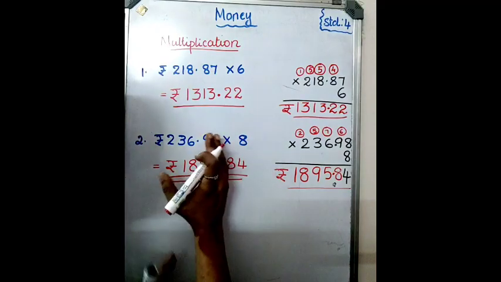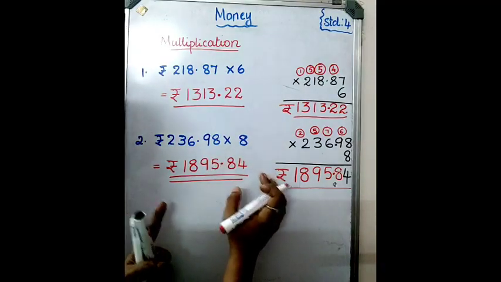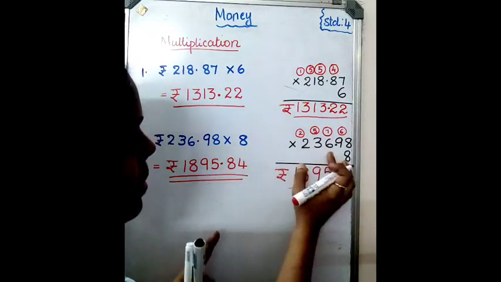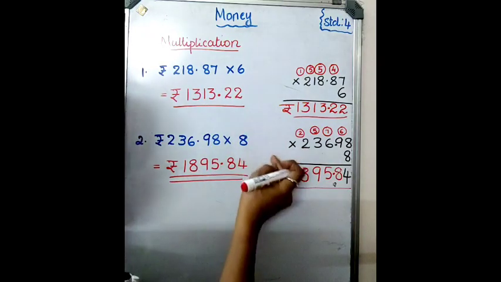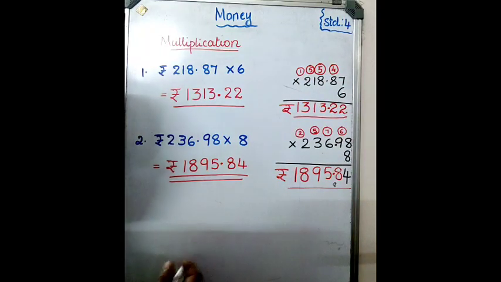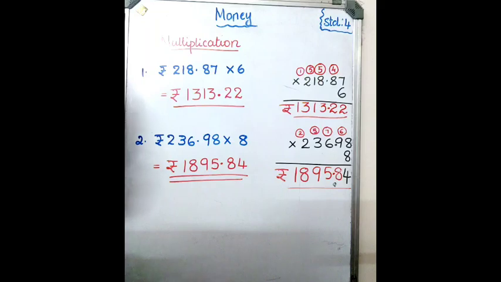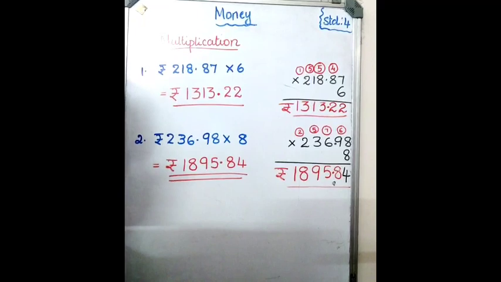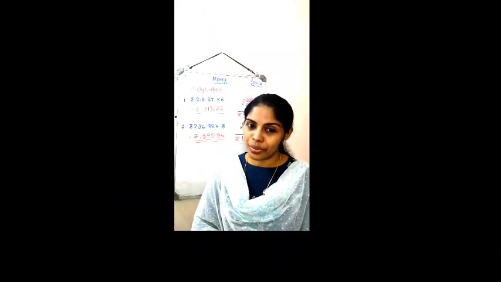Children, always remember to find out the answer of the question just opposite to that question in the working column. Okay. So this is the way to do multiplication. All of you study and do your homework.